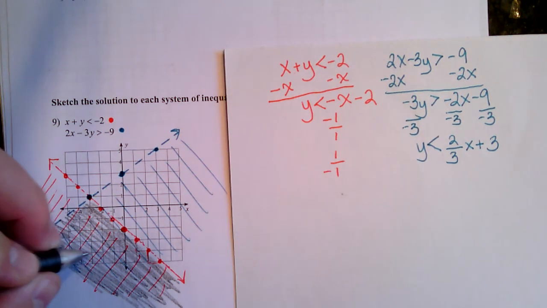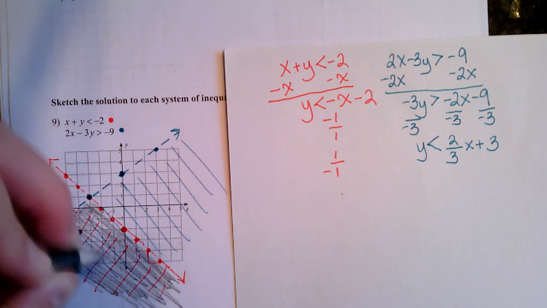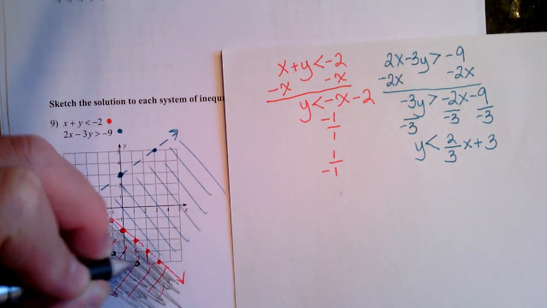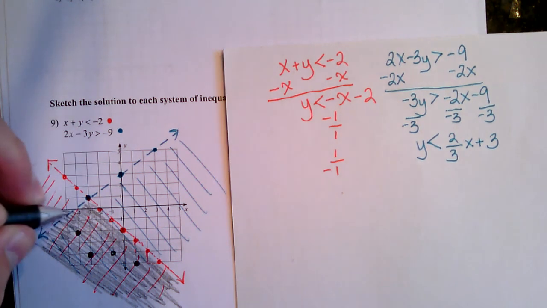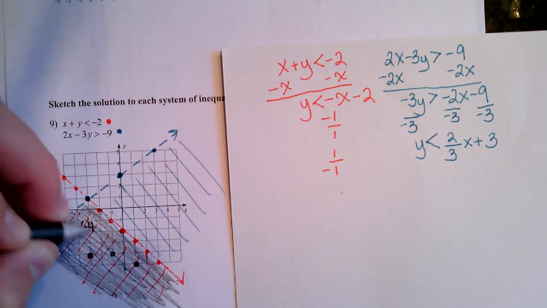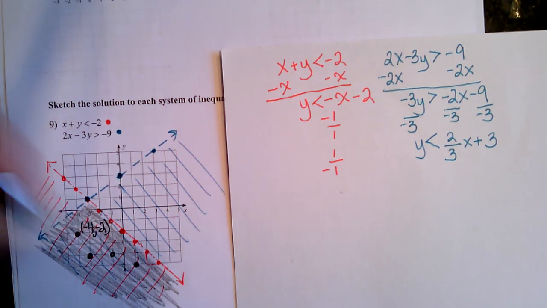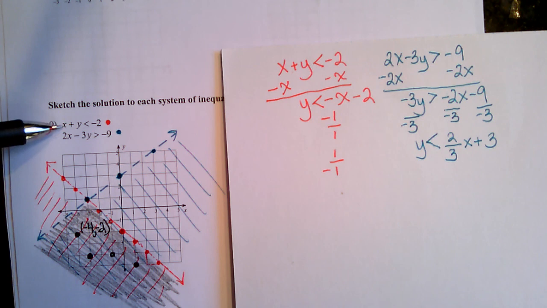For example, right here, way over in this quadrant. You pick any one of those points, and this one right here looks like it's -4 and -2. If you were to plug those values into this inequality and this inequality, it would be true for both of them.